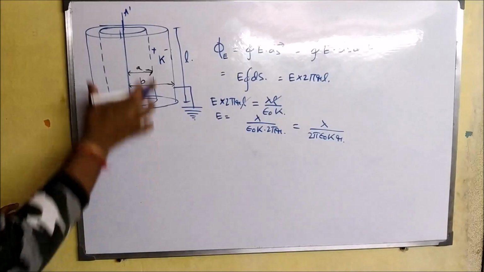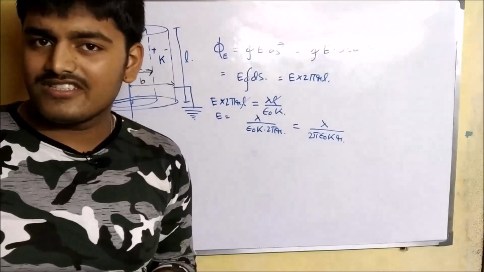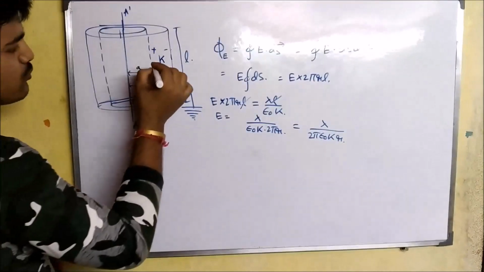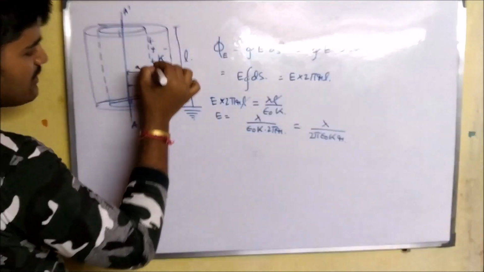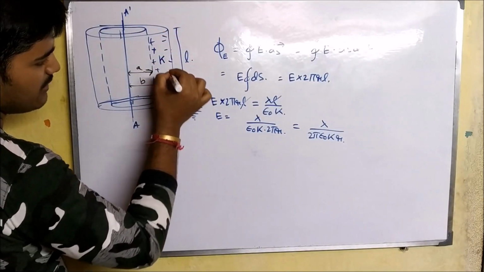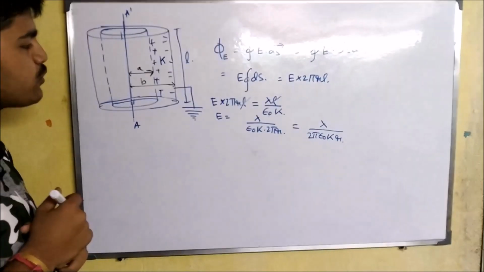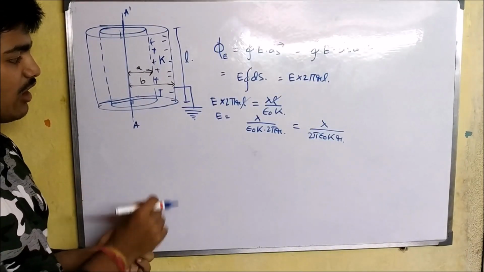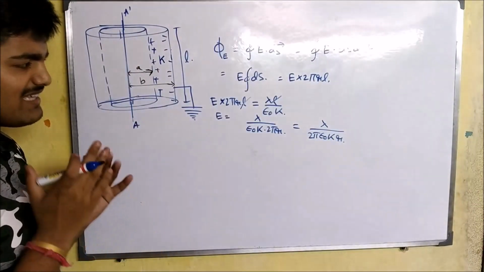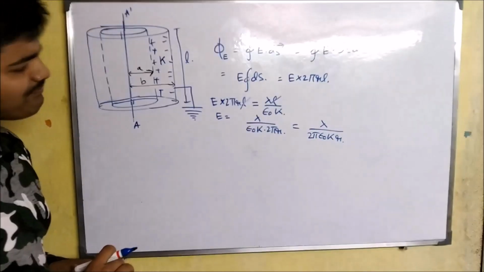Now if this is a conductor, then according to the basic laws of physics there will be numerous positive charges inside the walls. So it will be plus, plus, plus, plus, and this will be minus, minus, minus, minus, as it is a conductor. So we are getting a potential over here and a potential over here. So easily we can take out the potential difference between them.